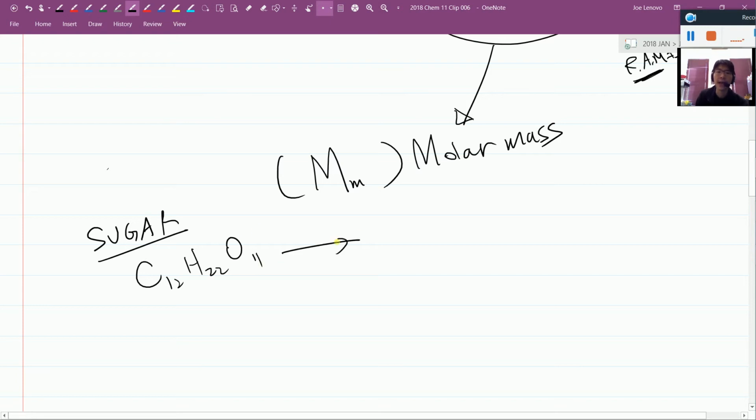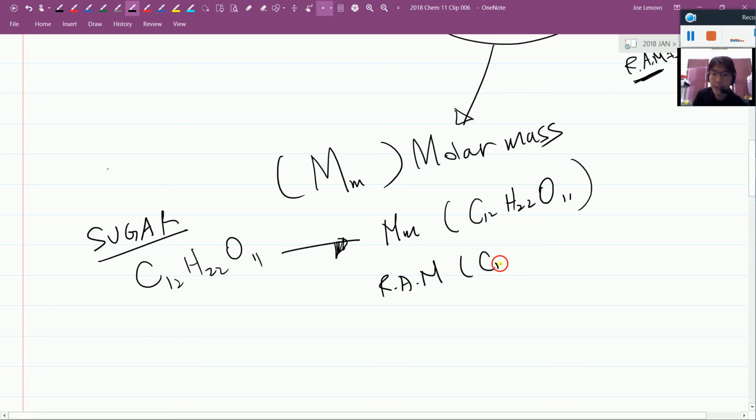If I ask you what is the molar mass of C12H22O11, you can just assume the RAMs of C12H22O11 and add them all together, and that would be the molar mass.